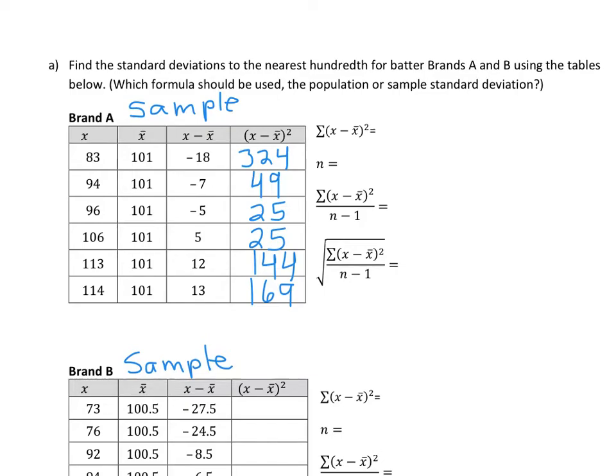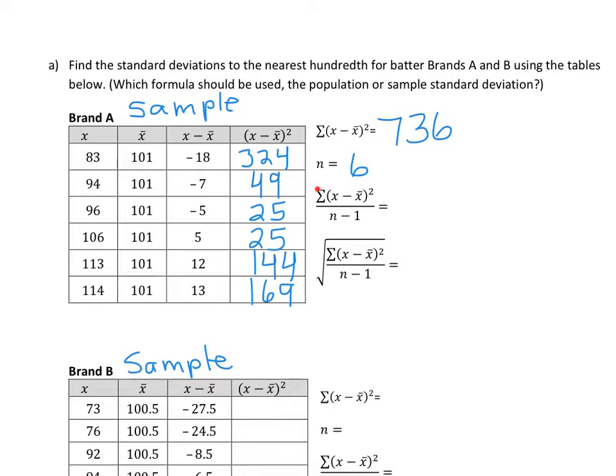So now I'm going to add all these values. This symbol right here means summation. It wants us to add all of these values, so add this entire column. When we add those values, we get 736. N represents the number of data we have. So for brand A, we have 1, 2, 3, 4, 5, 6. N is 6.